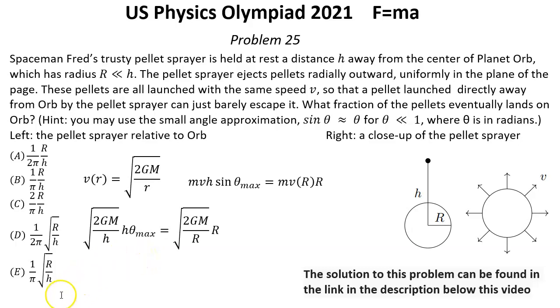From here we can find that theta maximum equal square root of big R over h, and the range of collision angles is thus between negative theta maximum and positive theta maximum, and the range of all angles is 2 pi, so the fraction is 2 theta maximum over 2 pi, which is 1 over pi multiplied by square root of big R over h. This is the answer E, and that was the solution for problem number 25.